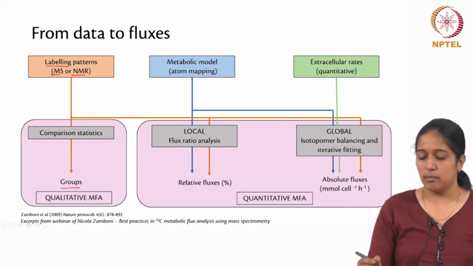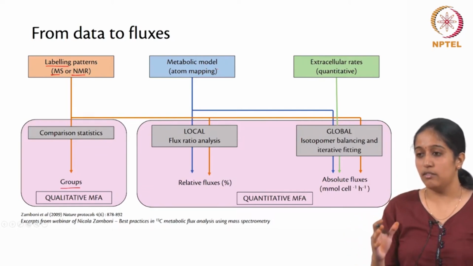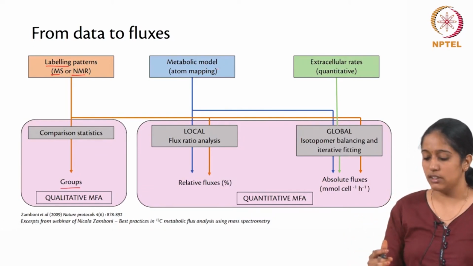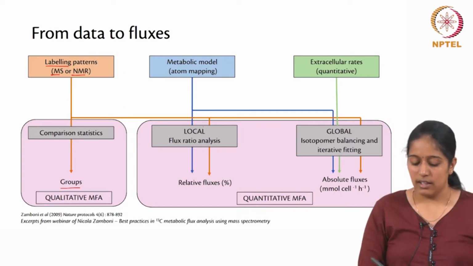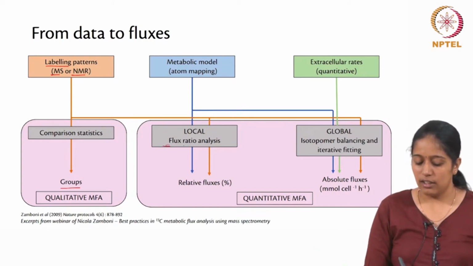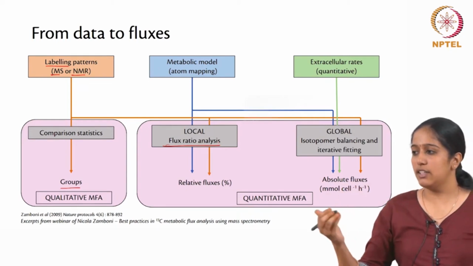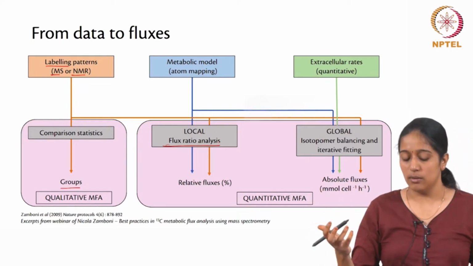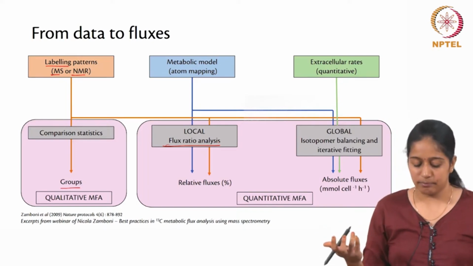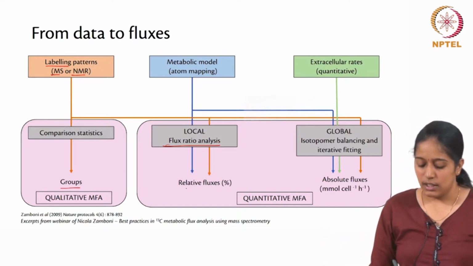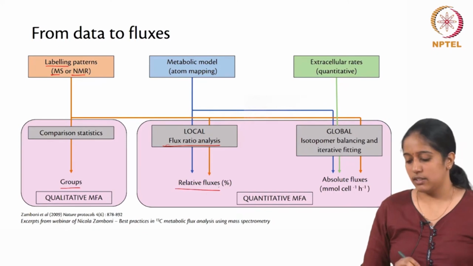By a metabolic model I mean a small model where you know the atom transitions, about which we will come to in the next slide, and you basically calculate the flux ratio of which pathway has given rise to which labeling, and with this you can find out the relative fluxes.